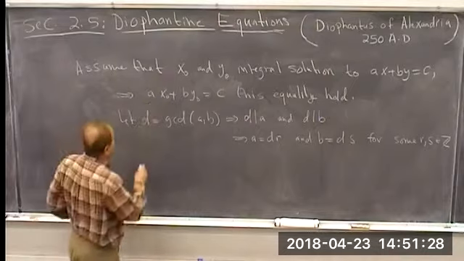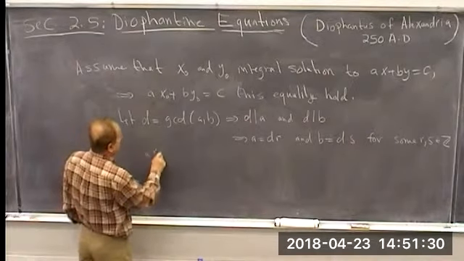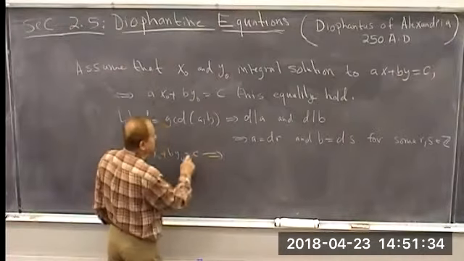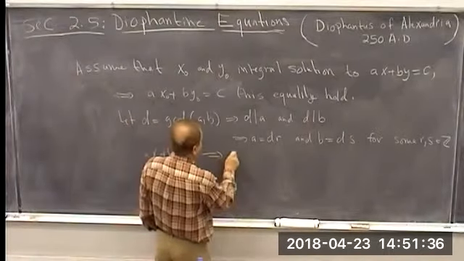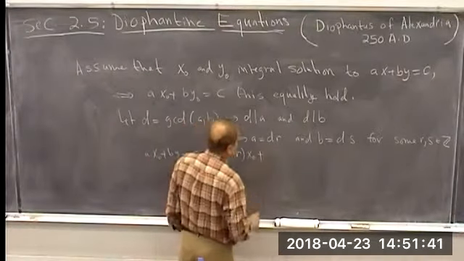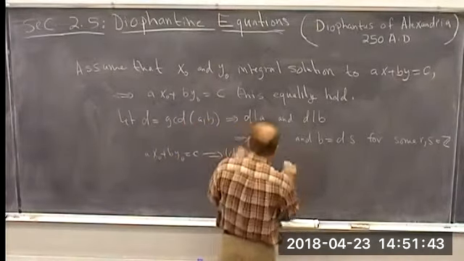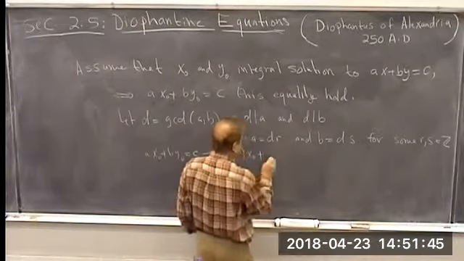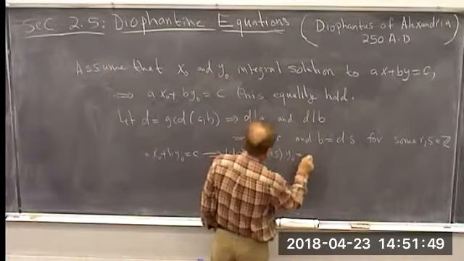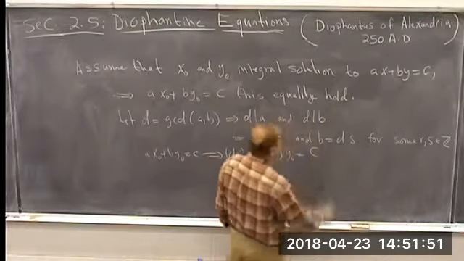So ax sub 0 plus by sub 0 equals c becomes dr x sub 0 plus, and remember that a and b are not 0, ds y sub 0 is equal to c.